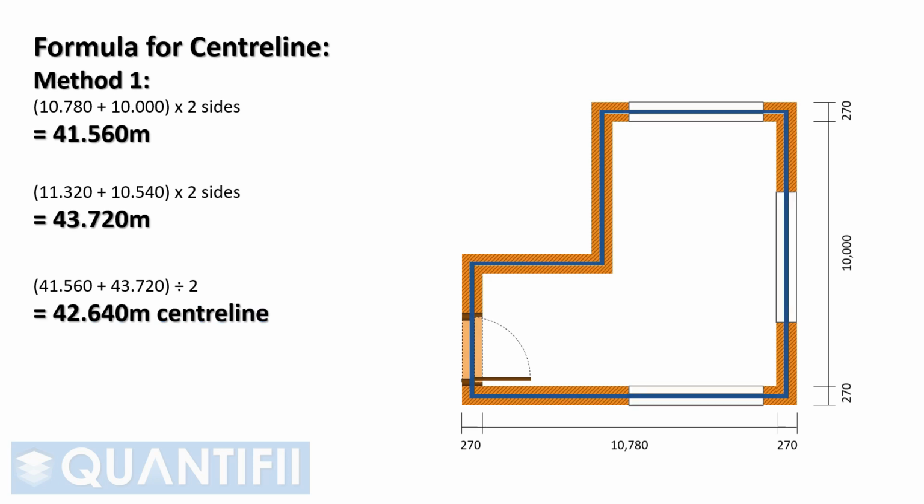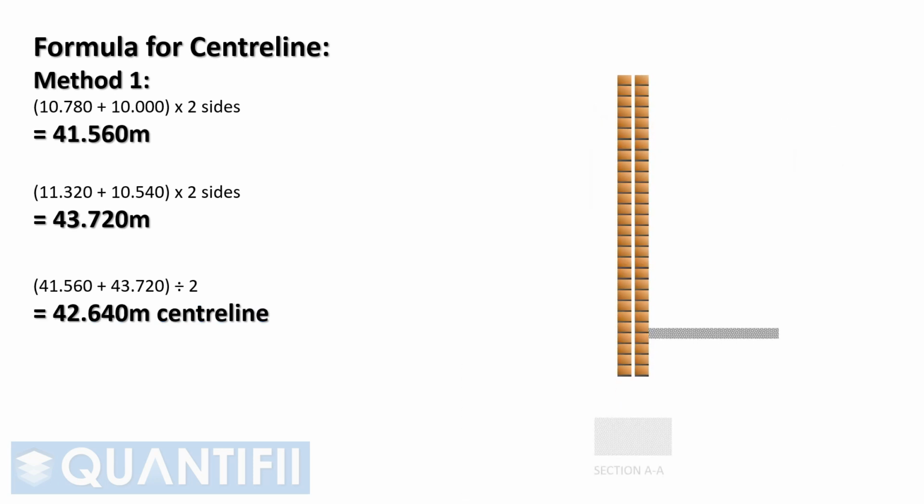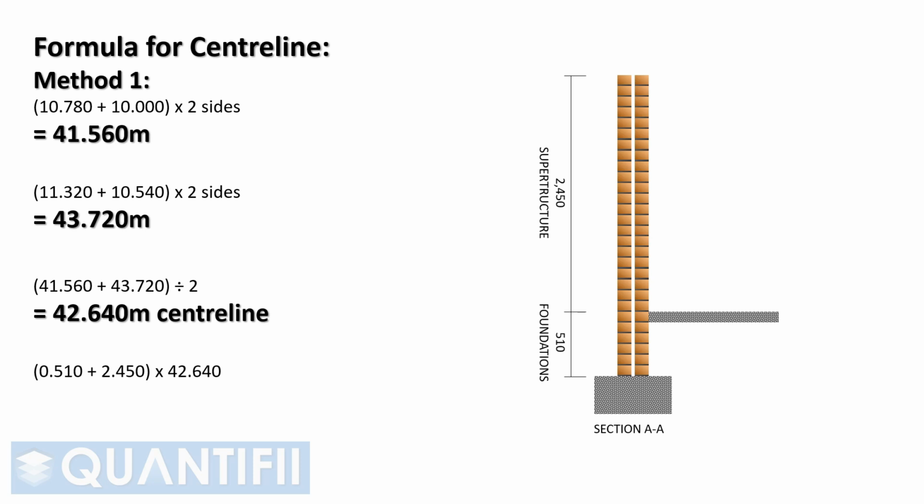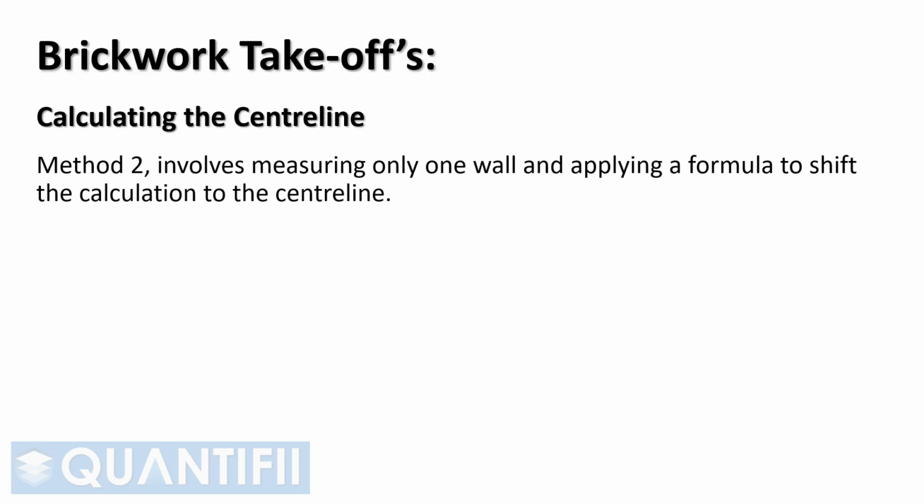The centerline of 42.64 meters, multiplied by a height of 2.96 meters, amounts to a total brick wall quantity of 126.214 square meters.